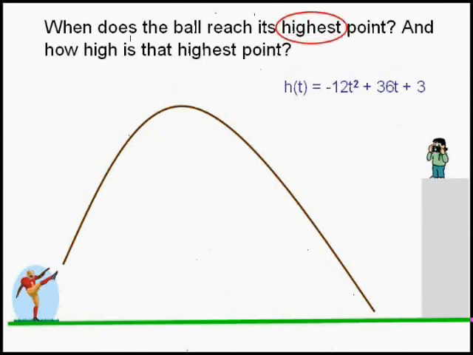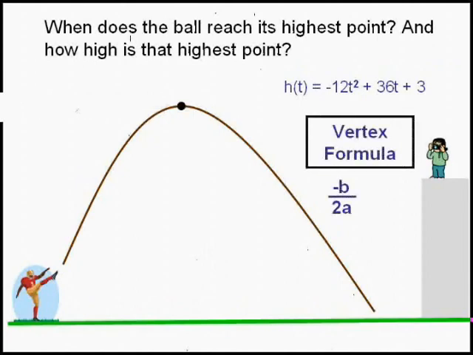And it even looks like it. We have a fancy name for that, you may remember. That's the vertex. So we're going to use, in this case, the vertex formula to find at what point that will occur. So in this case, again, A is negative 12, B is 36, and C is 3.